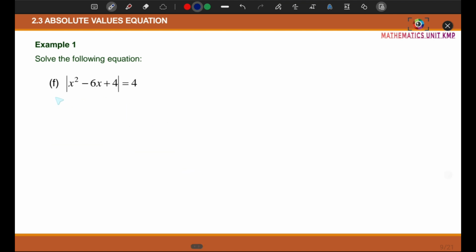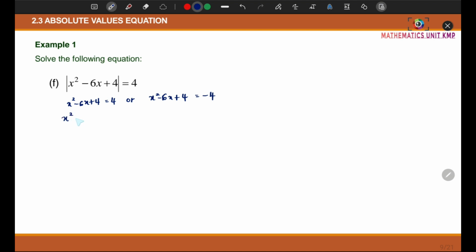Okay, part F, we have a quadratic inside the absolute value. So x squared minus 6x plus 4 equal to 4. By using the basic definition, x squared minus 6x plus 4 is equal to 4, or x squared minus 6x plus 4 equal to negative 4. So solve these equations separately.